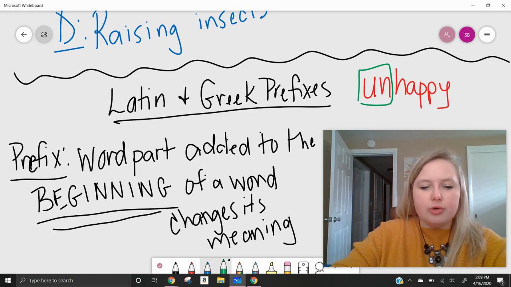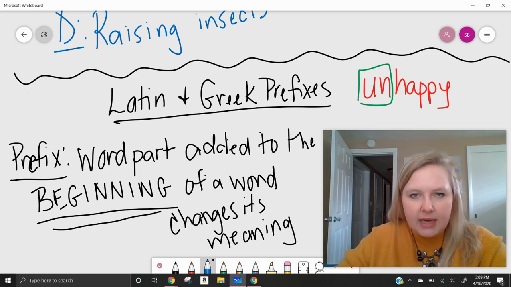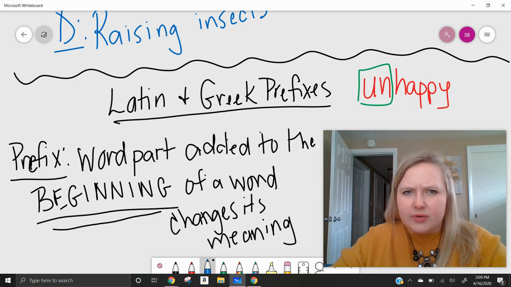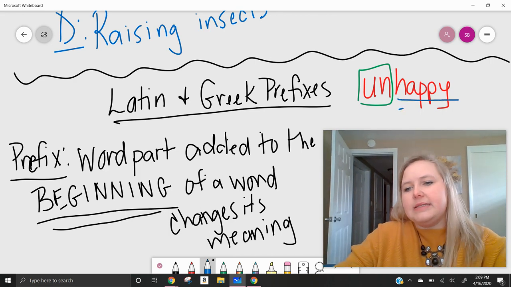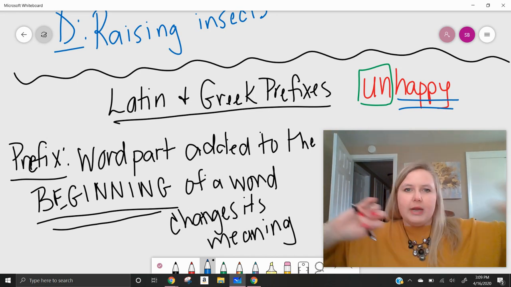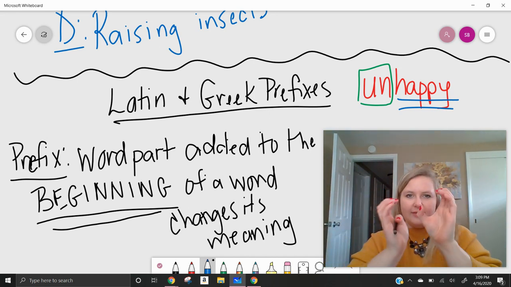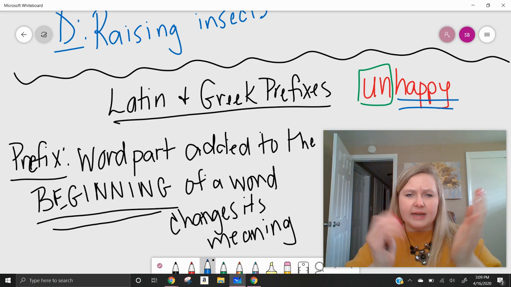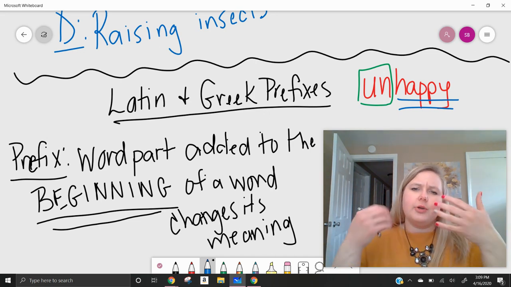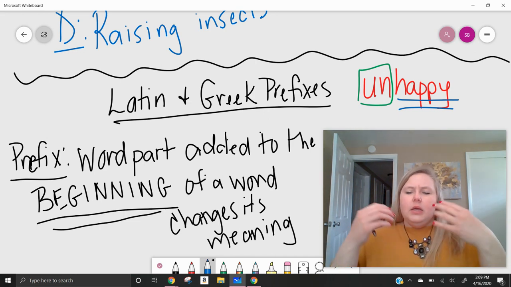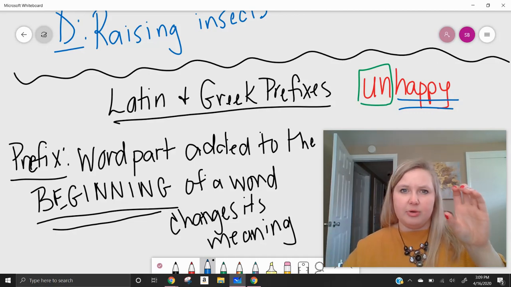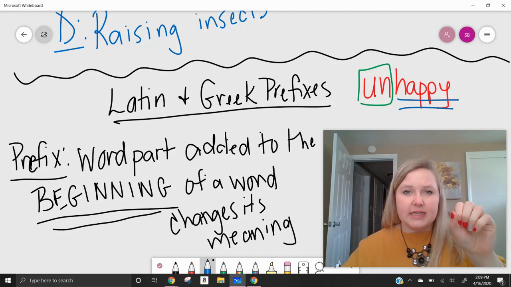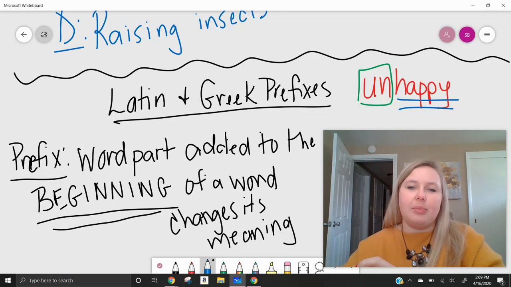And the root word or the base word or the main word, they call it all kinds of different things just to confuse us, I think. But any one of those words, it's happy. When you break everything else off, what are you left with? That is your root word or your base word or your main word. So happy is our root word. Un is our prefix. It's stuck to the front of it. And we say unhappy altogether.